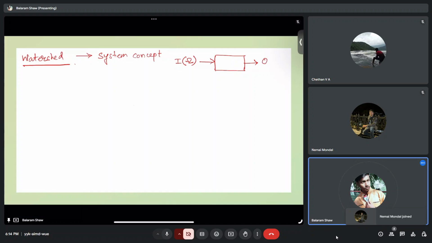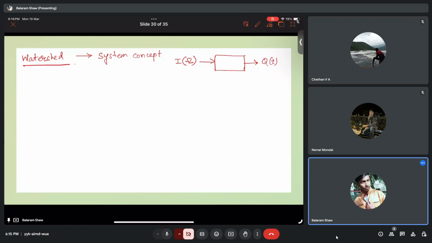So let's say the output is Q(t) or Q tau, and let's say the system is omega. Okay, so this is the system concept. We can consider the watershed as a system and then proceed, because it will help us to work in an efficient way. That's why we go to the system concept sometimes, right?